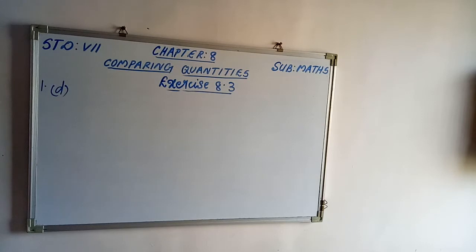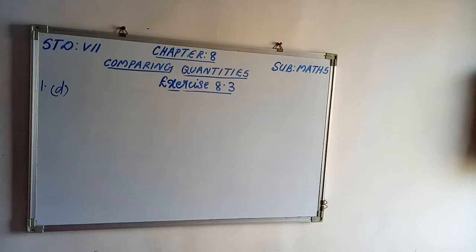Now D. A skirt bought for rupees 250 and sold at rupees 150. So first cost price of the skirt rupees 250. Selling price of the skirt rupees 150. Here you see cost price is greater than selling price, isn't it? So if cost price is greater than selling price, there is a loss.